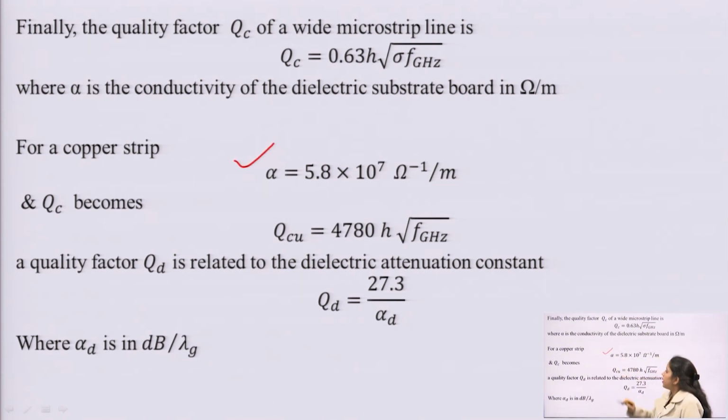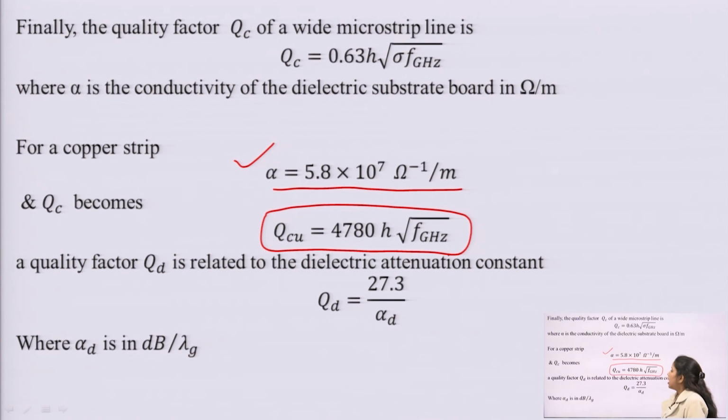For a copper strip, the attenuation is given by alpha is equal to 5.8 into 10 to the power of 7, and then it changes into this, and the quality factor Qd, which is related to the dielectric attenuation constant, is given by this expression.